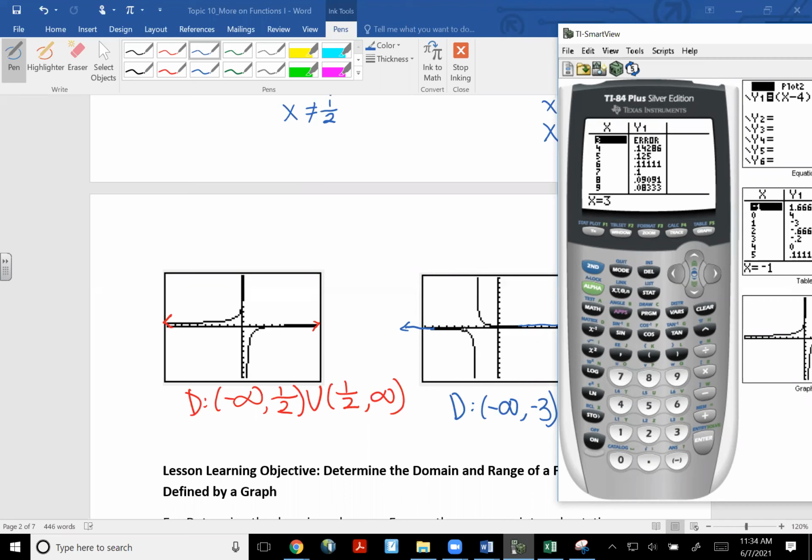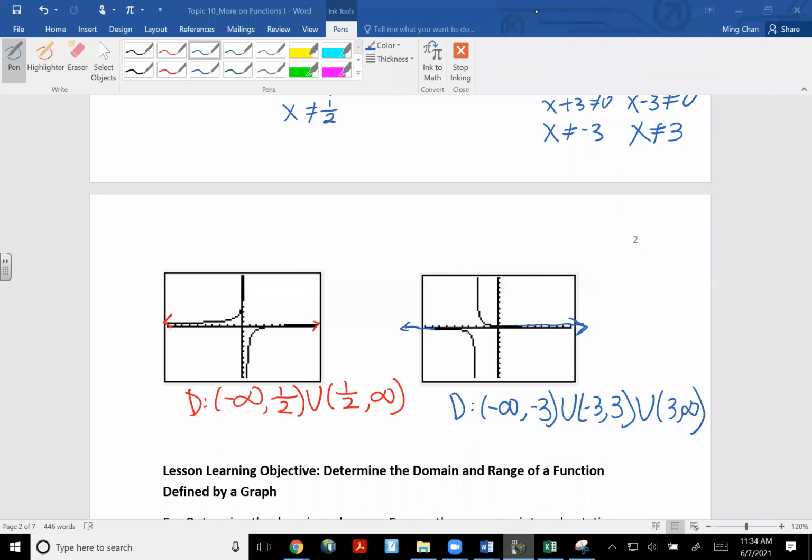One of them is right here on the left side of -3. The other piece is on the right side of -3. But at 3, it also says another error, because what you don't see is when x equals 3, there's actually a hole right here. That's actually a hole.